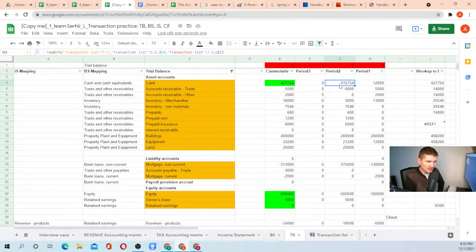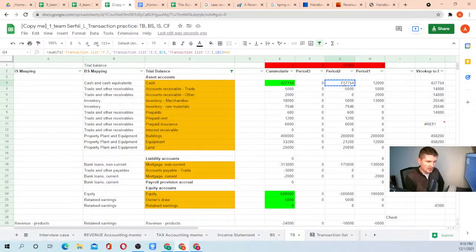So in order to make my balance sheet right, I need to add period 1 balance sheet. So that should be number 4. I need to add my period 1 balance sheet to whatever I submit for period 2.